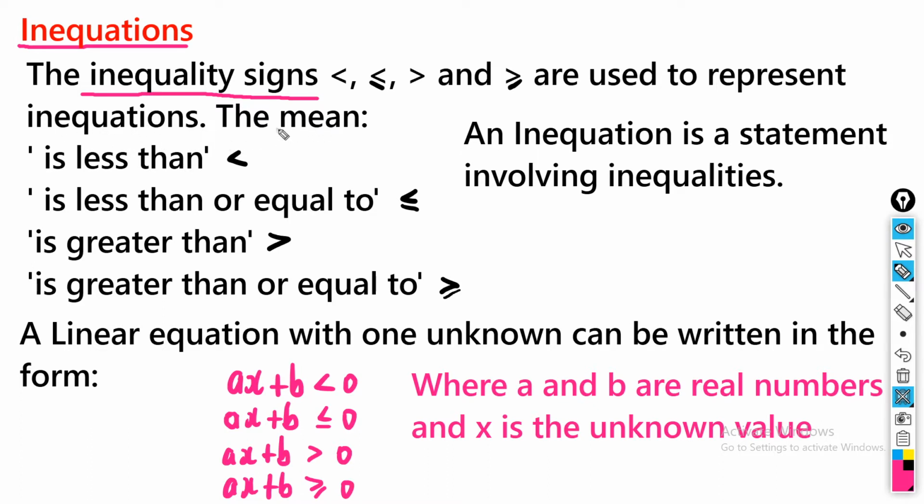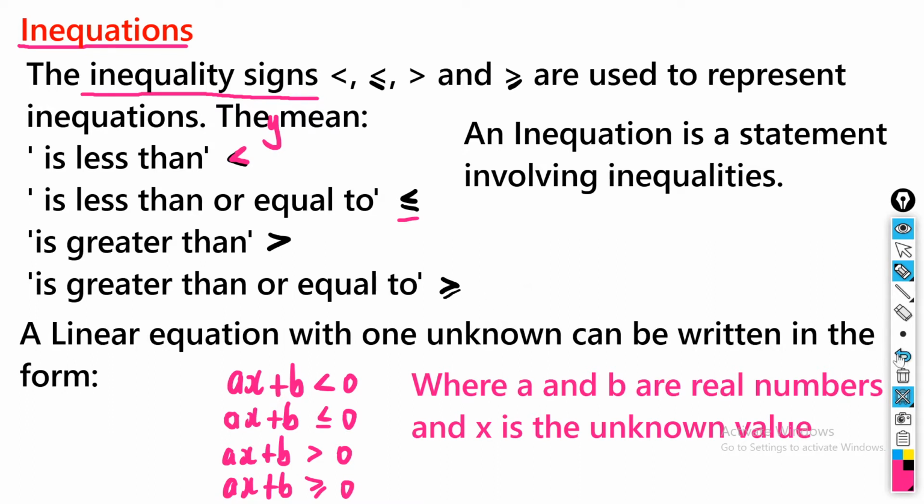This one means is less than, and it's usually a beak facing the right. Is less than or equal to would be just like how you see it here. And is greater than or equal to, the beak would be facing the left side, with the equal sign underneath.